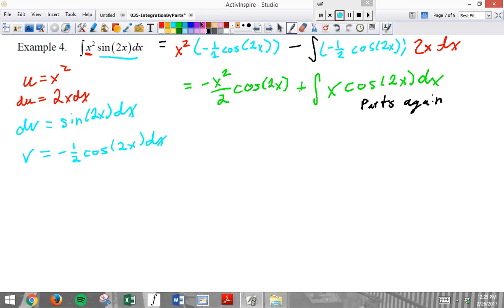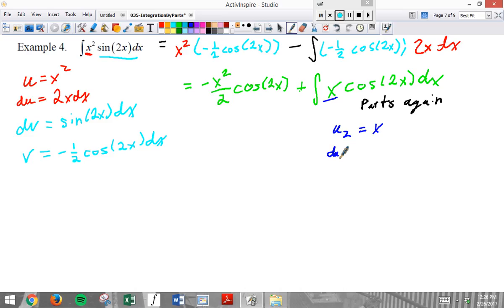Yeah, here we go. So this time, let's just call it u2. Still the algebraic part. It's still algebraic versus trig, LIATE, would be x.